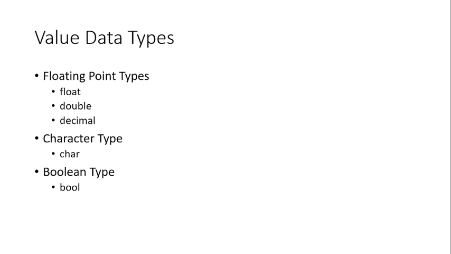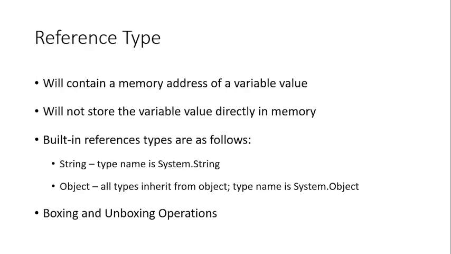We have boolean type, that is bool. In Java it was boolean, here it is named bool. It will take 1 byte of memory, but actually uses only 1 bit of it to store either true or false. That's about the value types.